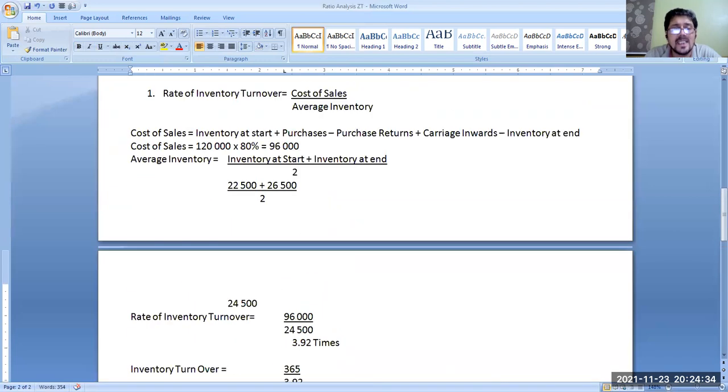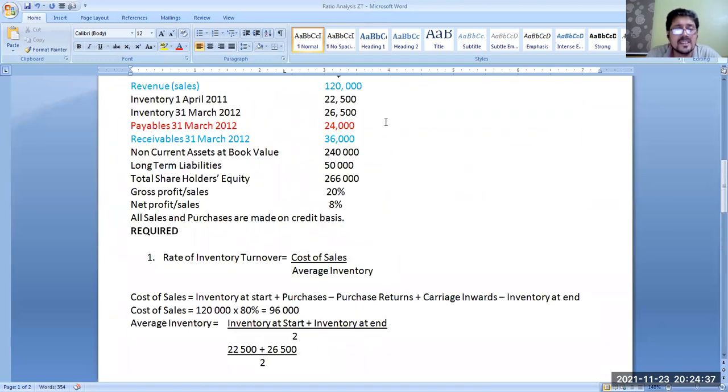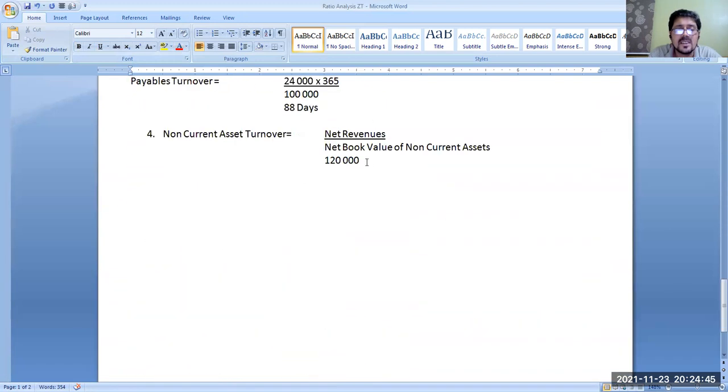$120,000 divided by book value of non-current assets. Here is the value of net book value of non-current assets, that is $240,000. Got it? So that would be 120,000 divided by 240,000.